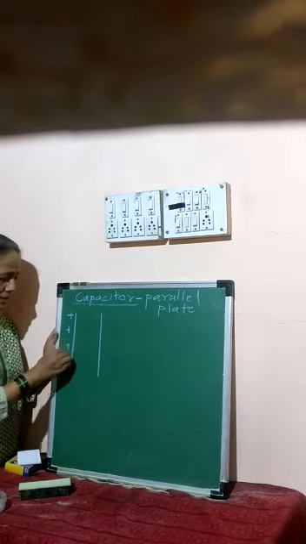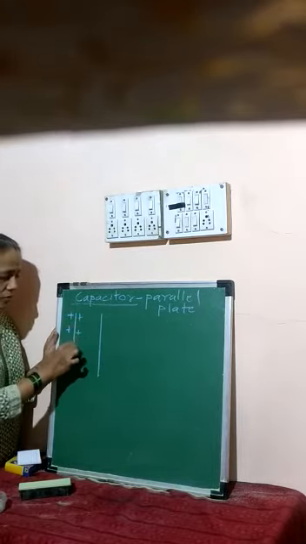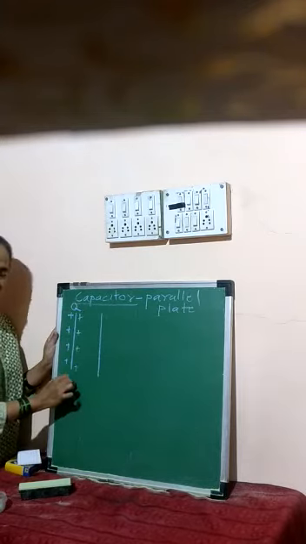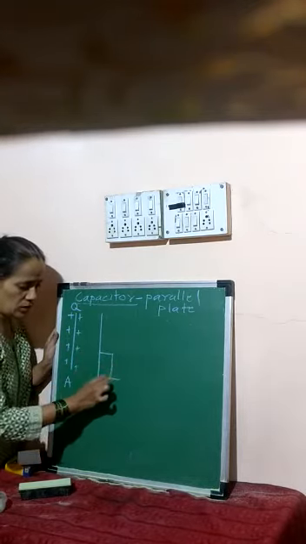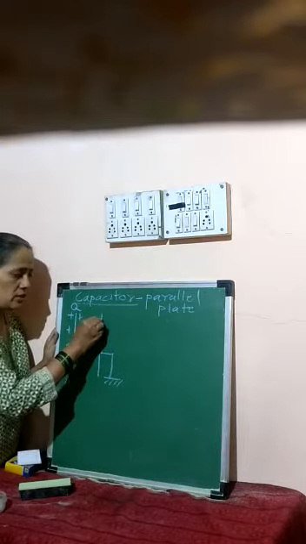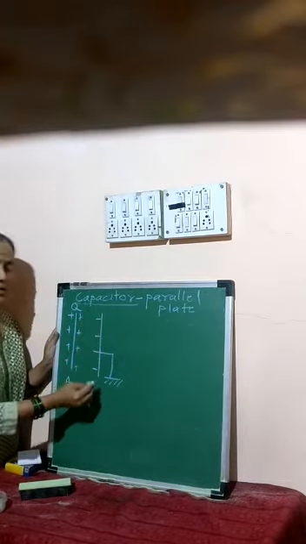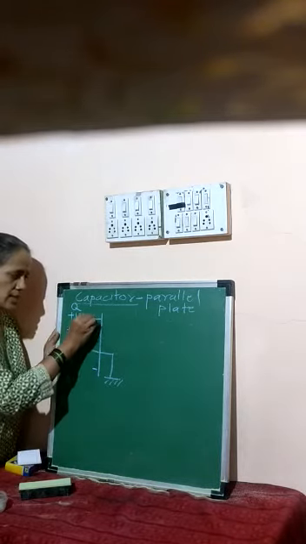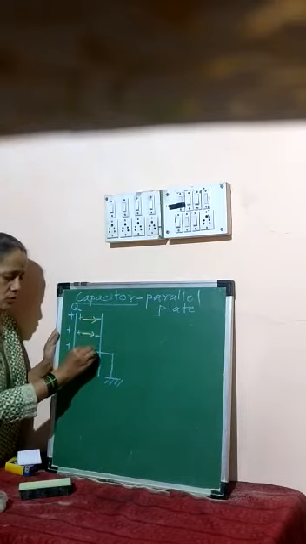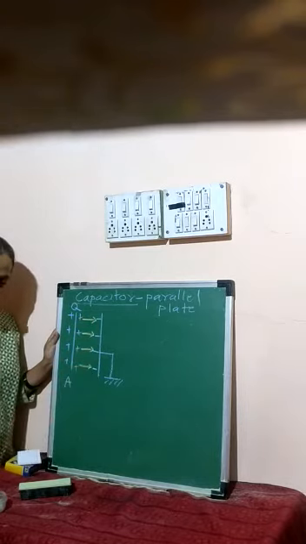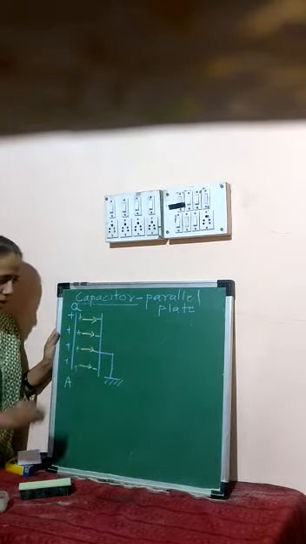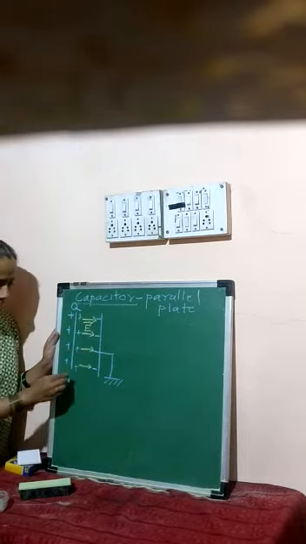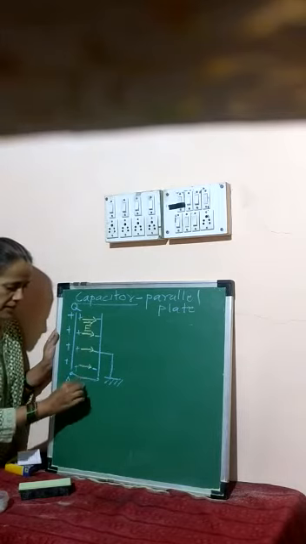One plate is charged, so the charge deposited on one plate is Q, with area A. The second plate is connected to the earth, so induced negative charges get introduced on the inner side of the plate. Lines of force start from the positive charge to the induced negative charge. This yellow arrow indicates the direction of electric intensity. And these 2 plates are separated by a distance.